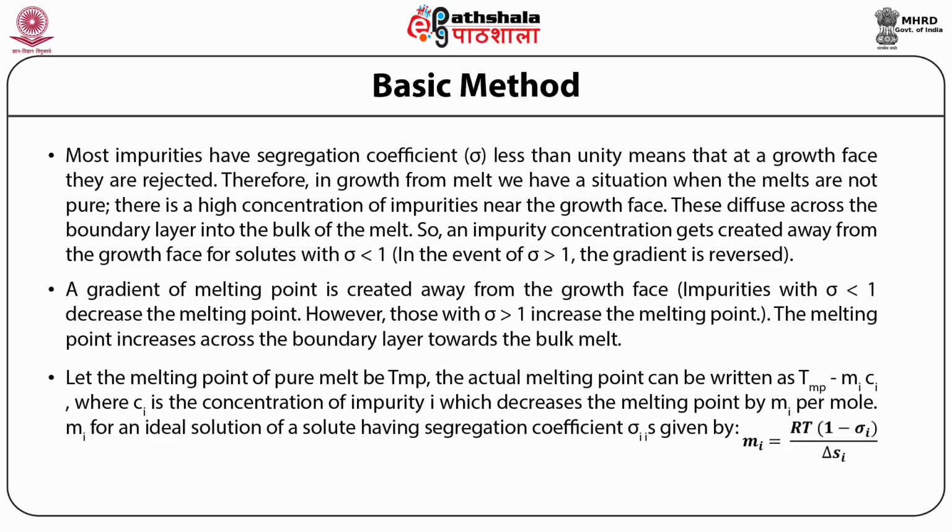Small m_i for an ideal solution of a solute having segregation coefficient sigma_i is given by m_i equal to capital R into the temperature T into (1 minus sigma_i) upon delta S_i, where delta S_i is the change in entropy.